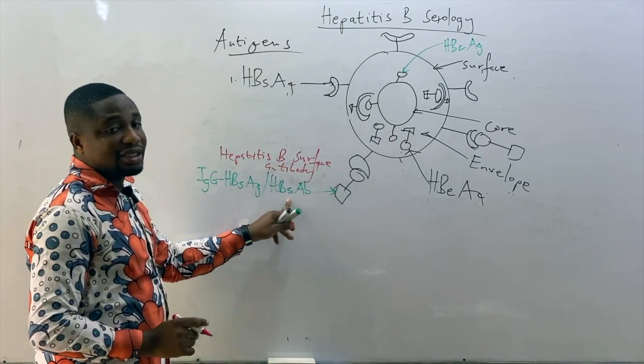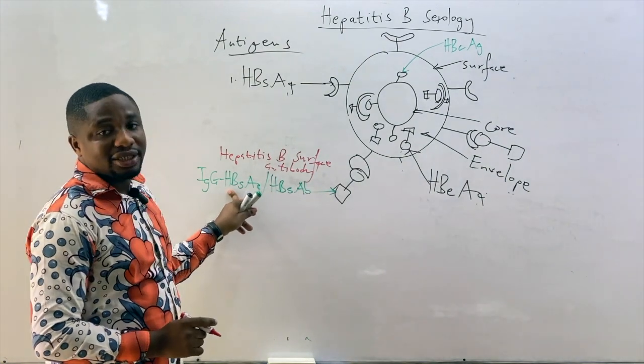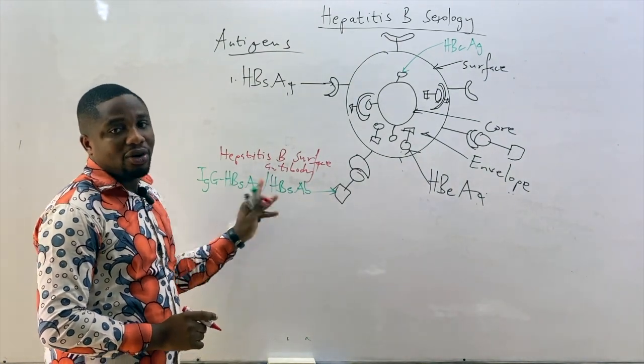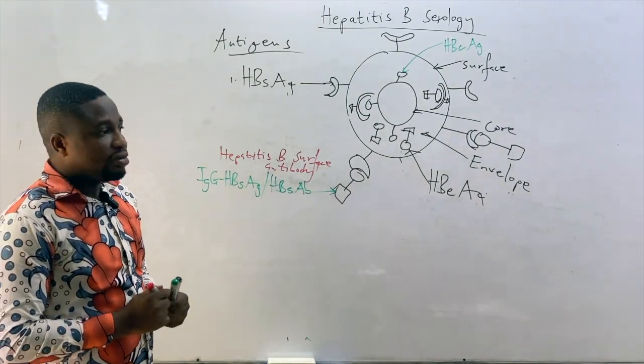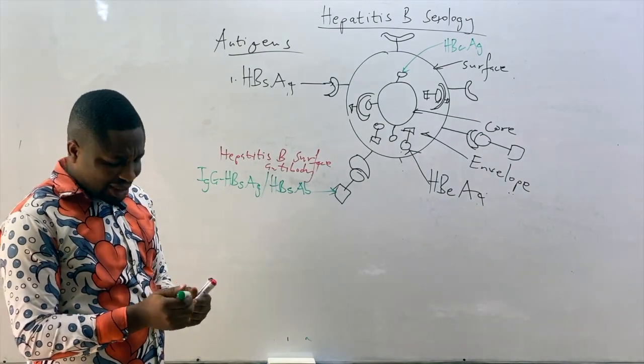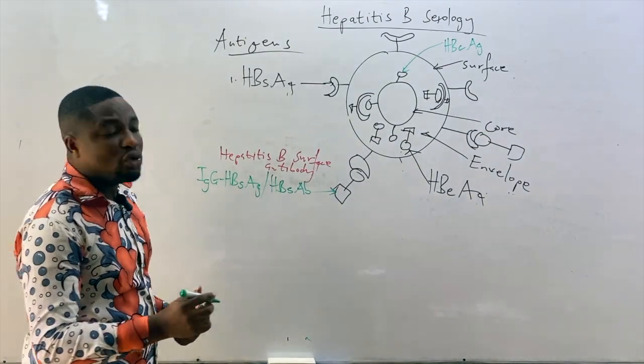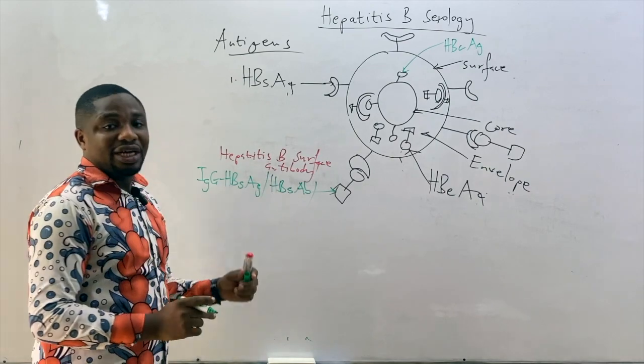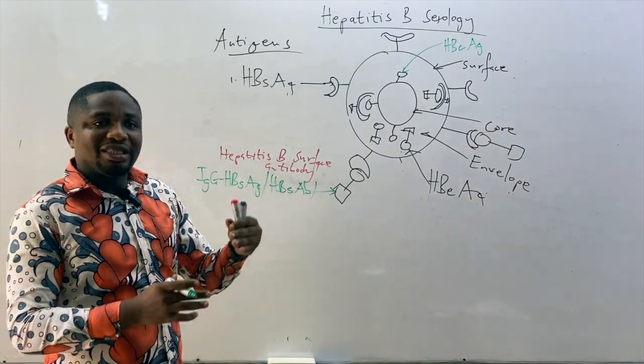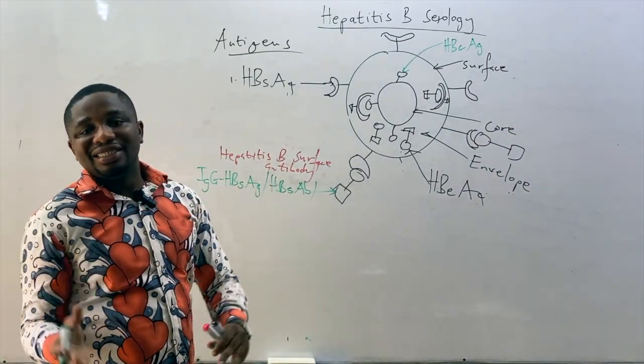Either you write it like this or like this, they are all correct. Or another way you can put this, without bringing in the immunoglobulin, is that anytime you say antibody, it means antibodies work against antigens.